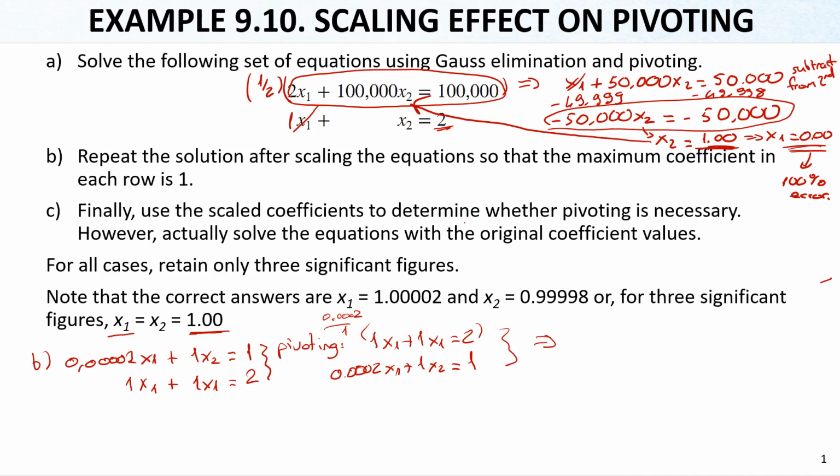We will just simply find x2 as 1.00. Then x1, if we put this into here, is simply again 1.00. So we obtained the same correct answers. You can see here. These are the same.